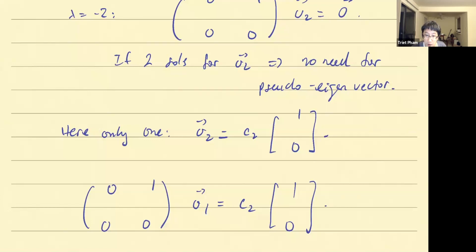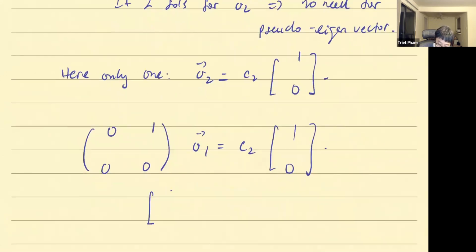So what solution do I have? If this C2 bothers you, just ignore it for now, because you just solve for one solution like we did before, which was 0, 1. But if it's 0, 1 solving this without C2, then all you need is a C2 in front.